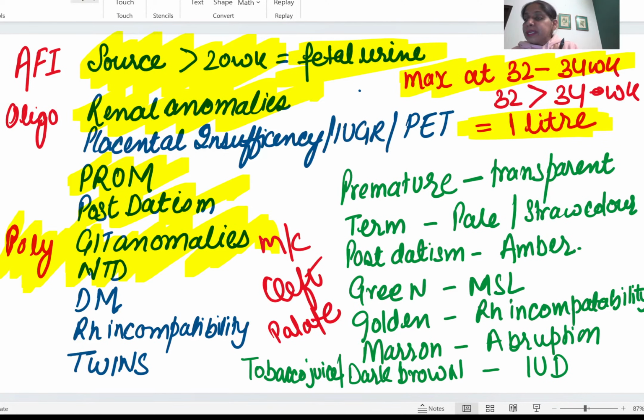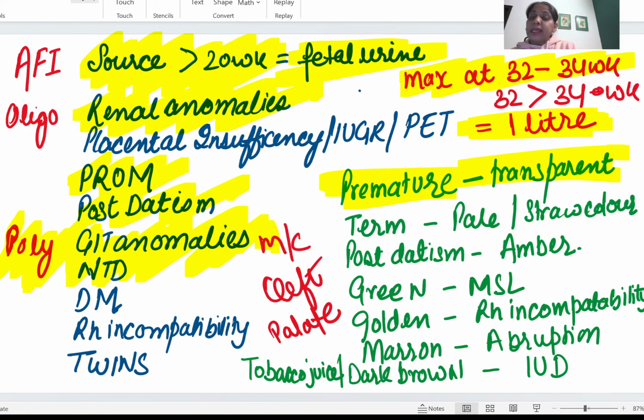We studied that at 32 to 34 weeks the amniotic fluid is maximum, and its color is transparent, just like water. So in premature, that is around 32 to 34 weeks, the color of the amniotic fluid is transparent or water like.